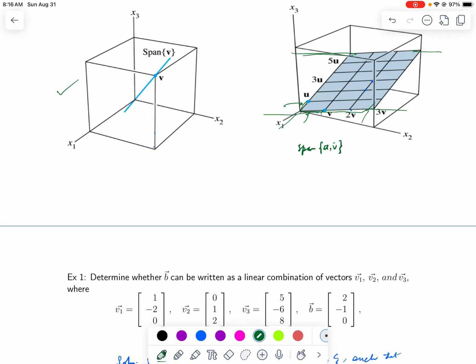So what you will say is that the span of u, v means all linear combinations of u and v.